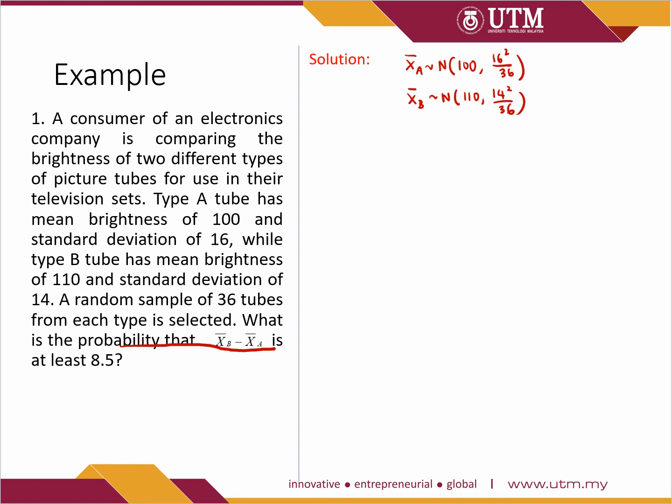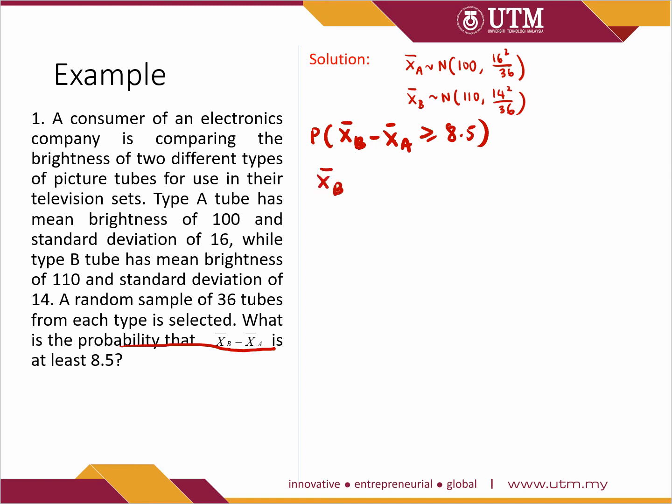So now, before we find this probability, we have to find the distribution, the value of the mean and the variance, for this difference of sample means.